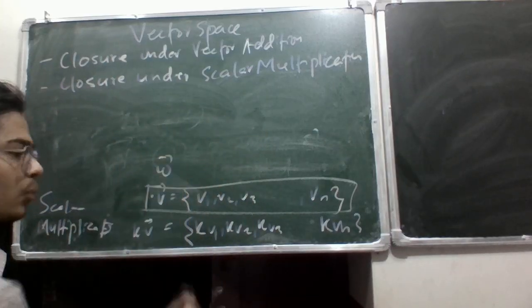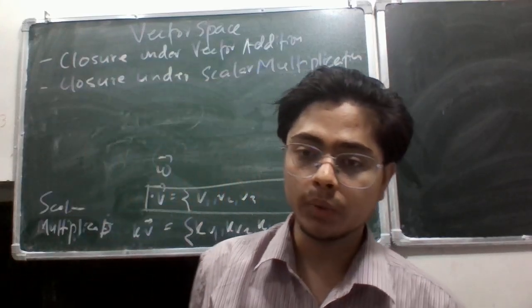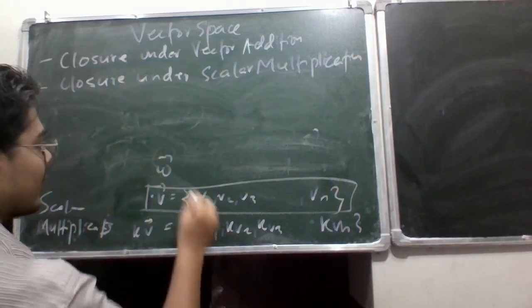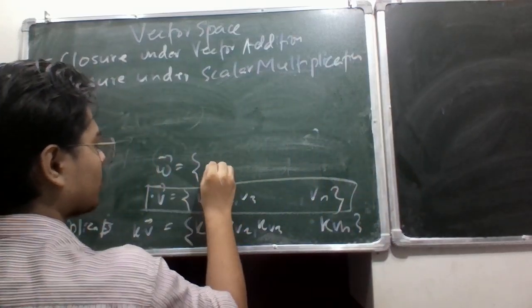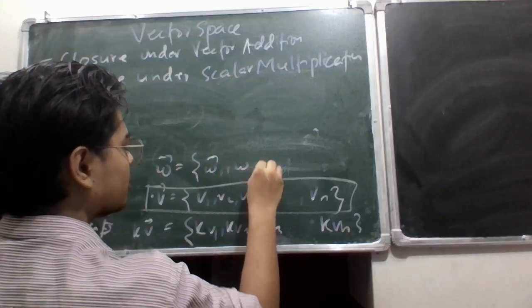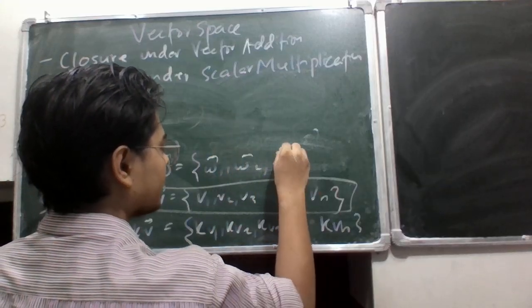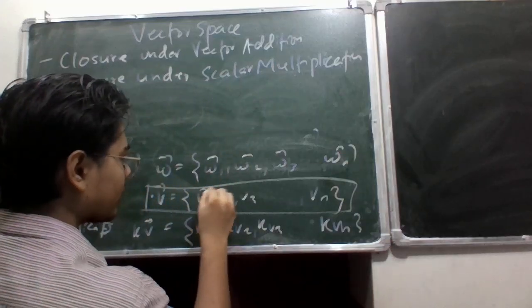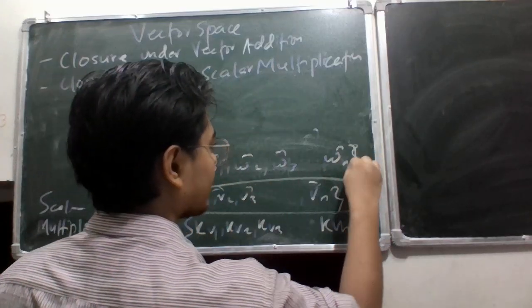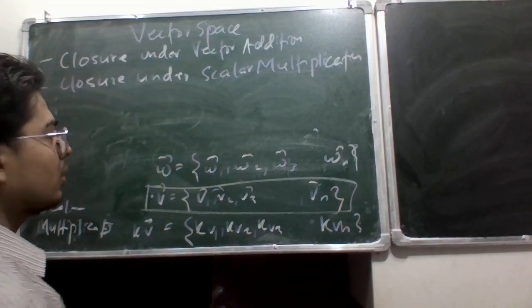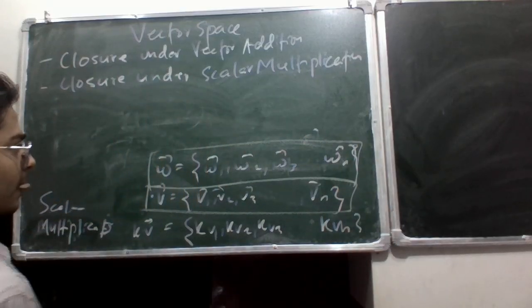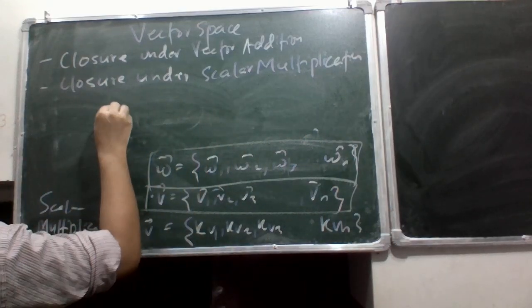For example, we have a w vector, which is again an nth dimensional vector, with w1, w2, w3, all the way up to wn. I should put the vector sign over their heads. If we have these two vectors, what do you think the sum will be?